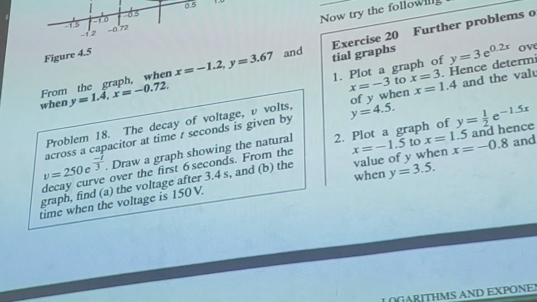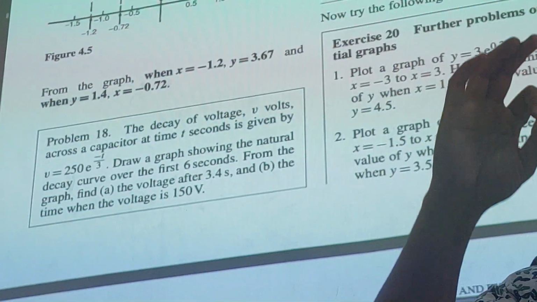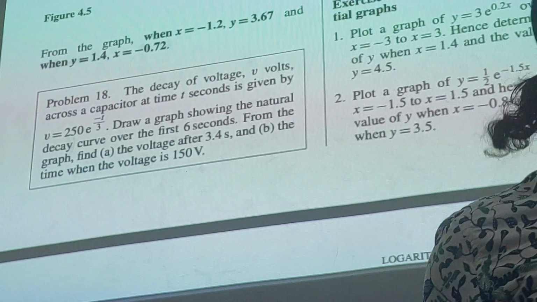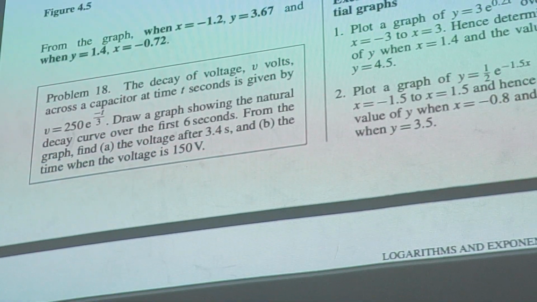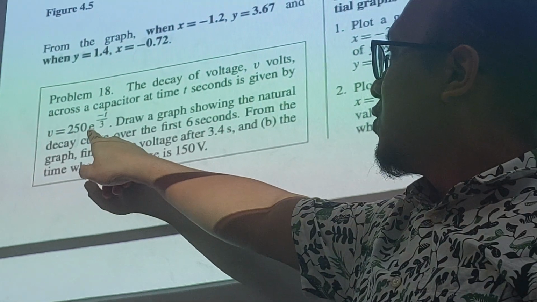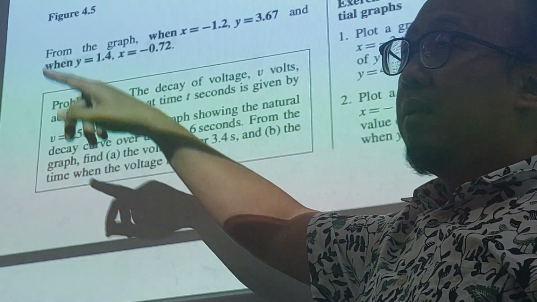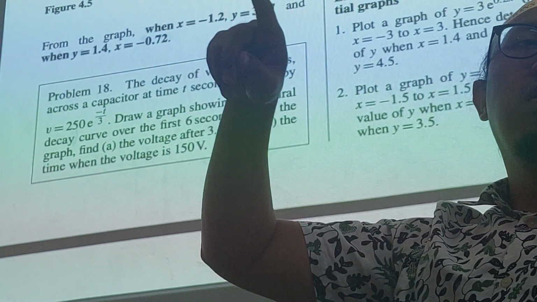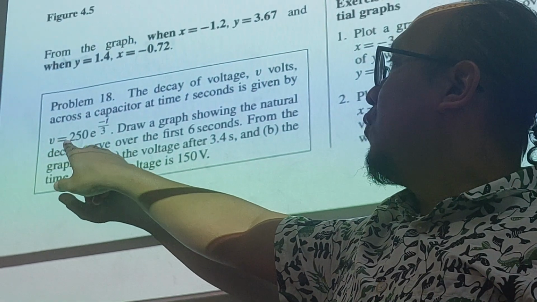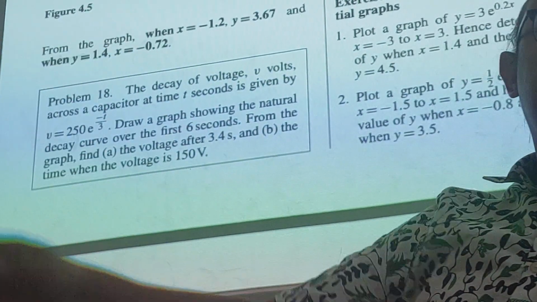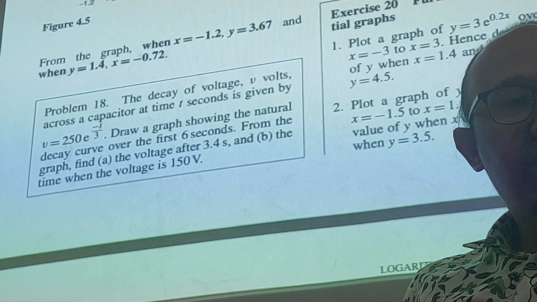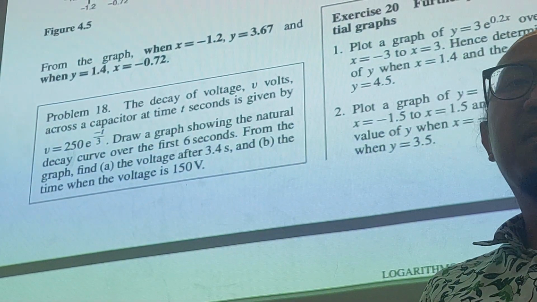At the beginning, when the time is 0, this is a new capacitor. When the time is 0, e to the power of 0 equals 1, so the initial voltage will be 250 volts when you put in the new capacitor.